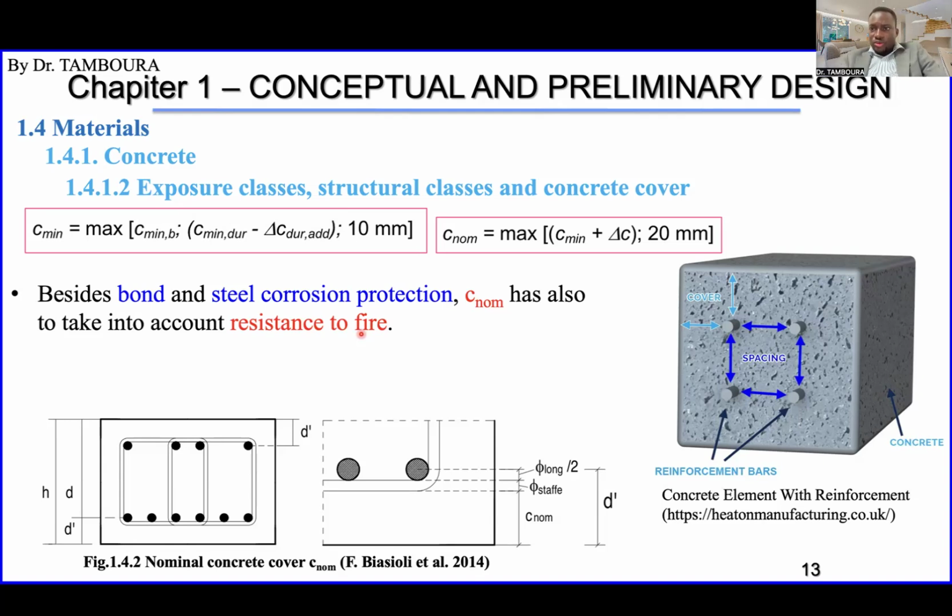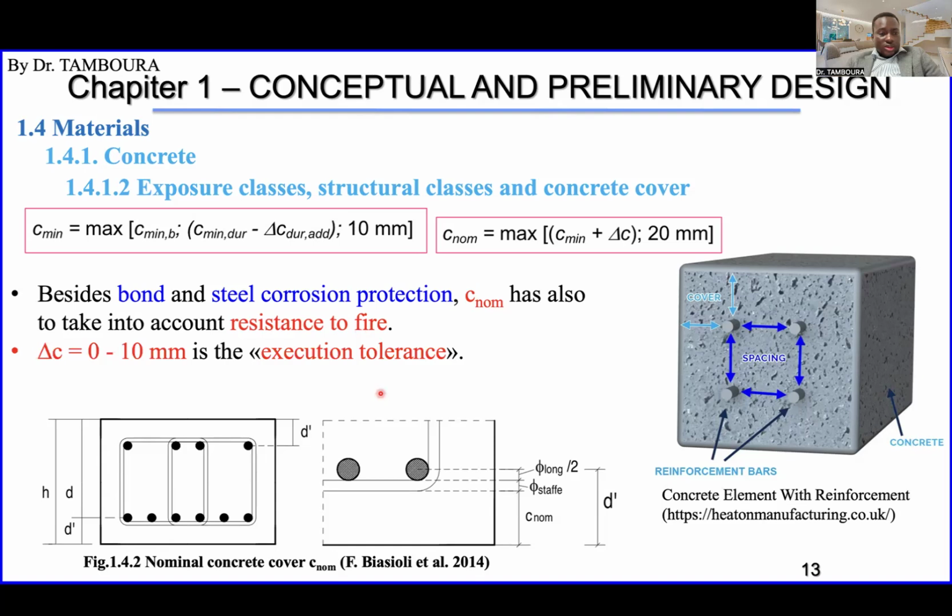Resistance to fire will require you to add something on this for more protection of the steel bar. Okay. But anyway, this delta C, as I was saying, ranges between 0 to 10 millimeter. Okay.